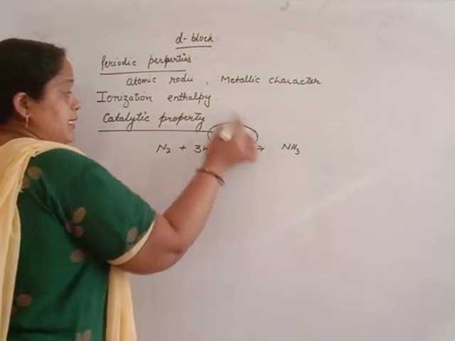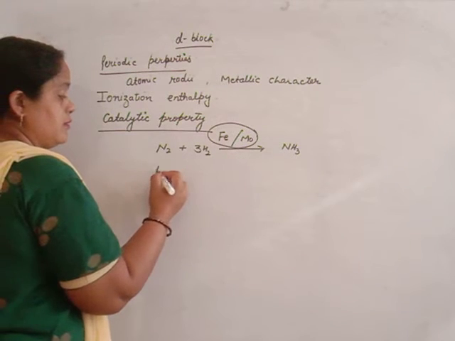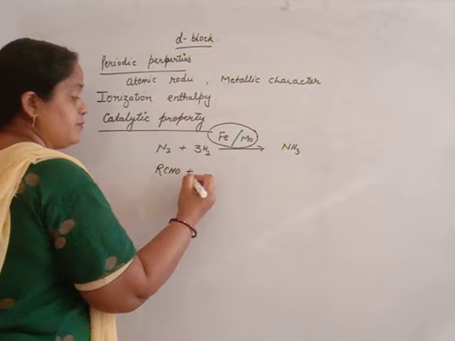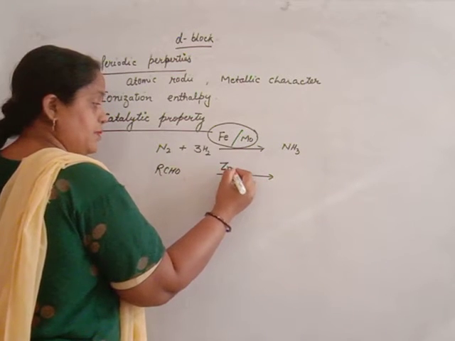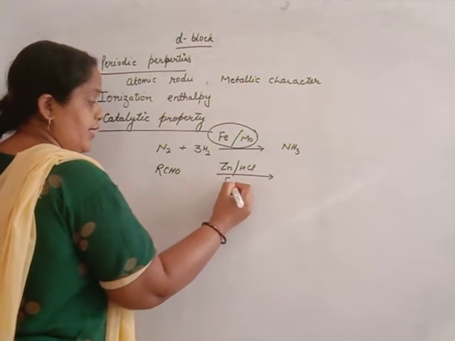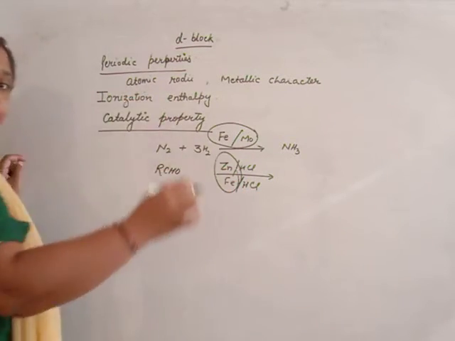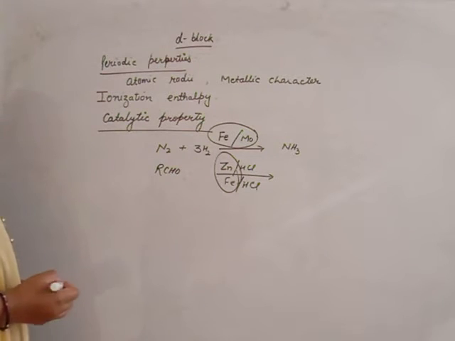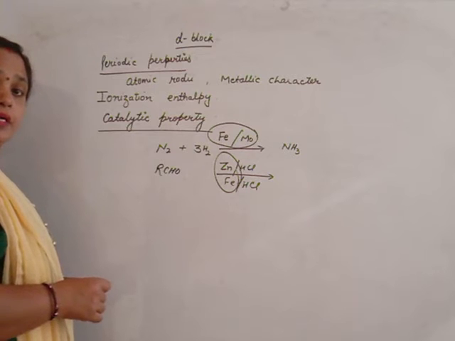Why do d block elements act as catalysts? Take reduction, for example. Reduction is done with the help of zinc in HCl, or iron in HCl. These are also d block elements. The question again: why do d block elements have catalytic property?